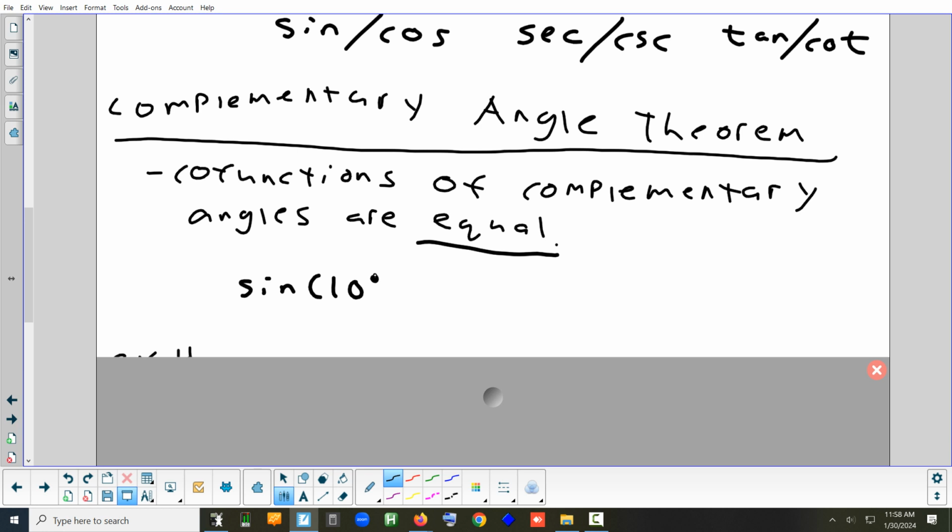Here's an example with numbers. Now I don't want to find the sine of 10. I just want to find something that's the same as it. What's the cofunction for sine? Cosine. And what angle is complementary to 10? 80.